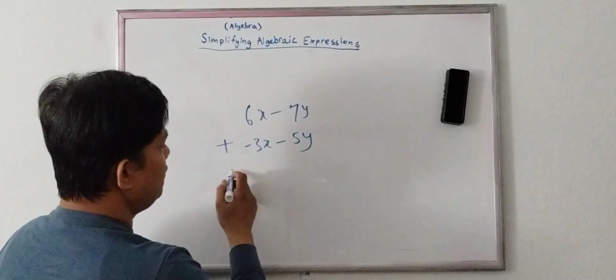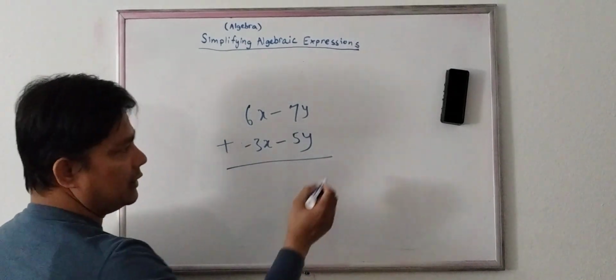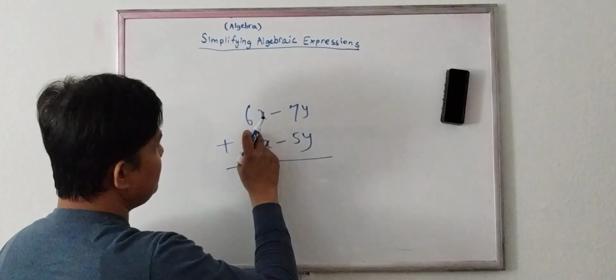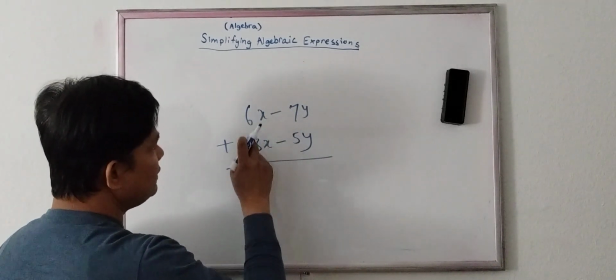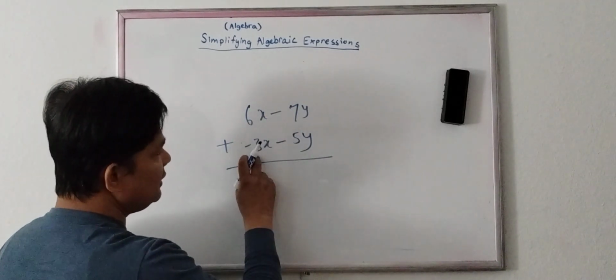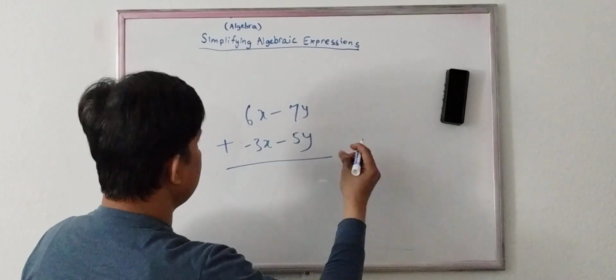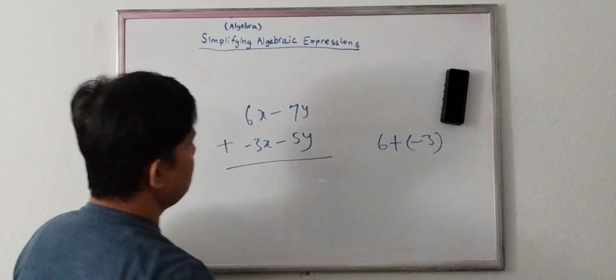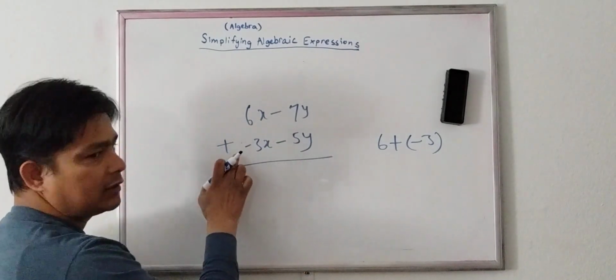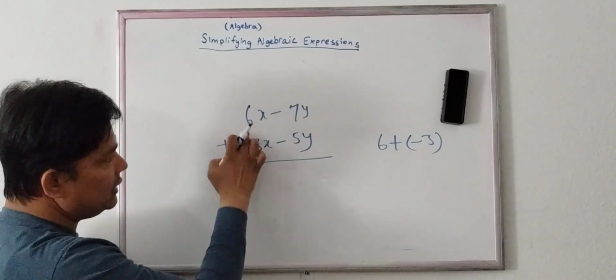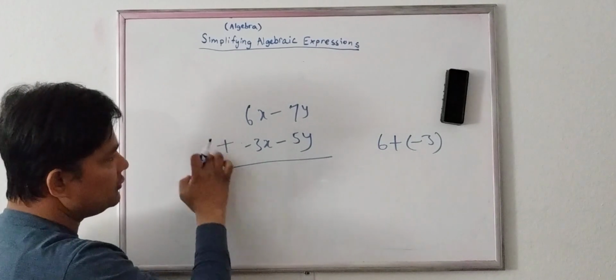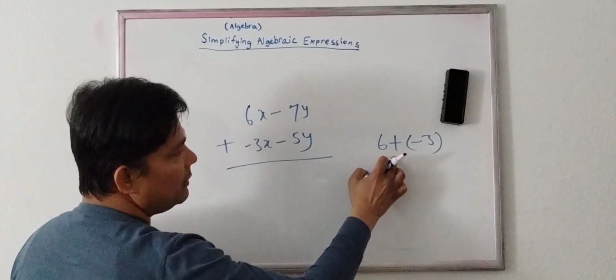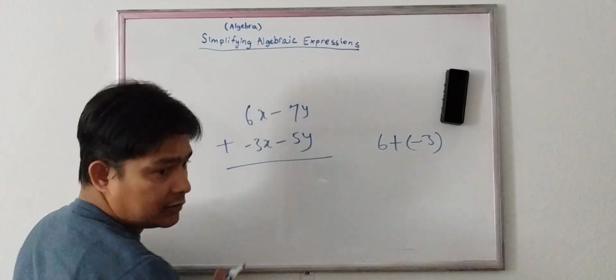So what you have to do is the same thing. Find the expressions with the same variable, 6x and minus 3x. Now, 6 plus minus 3. So basically you have to do this. 6x and minus 3x, and you have to sum them. So 6 plus minus 3, correct?